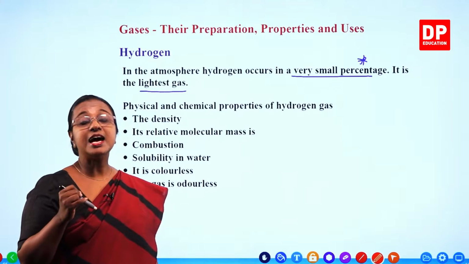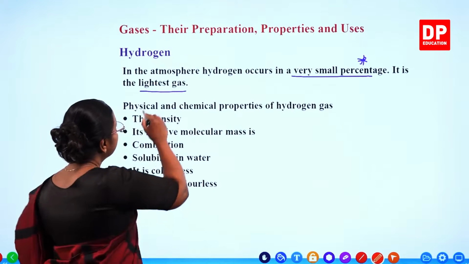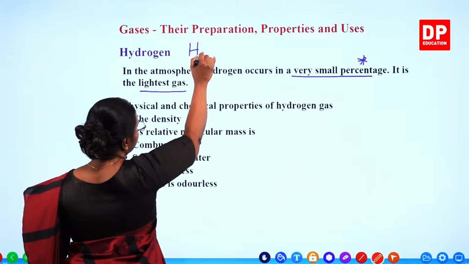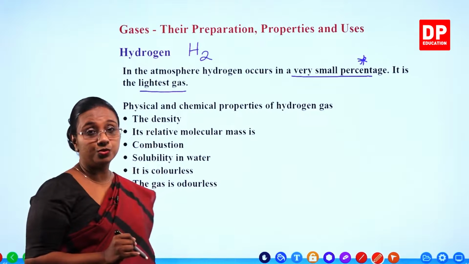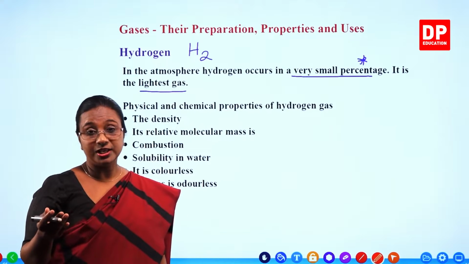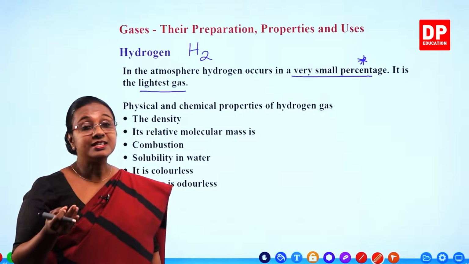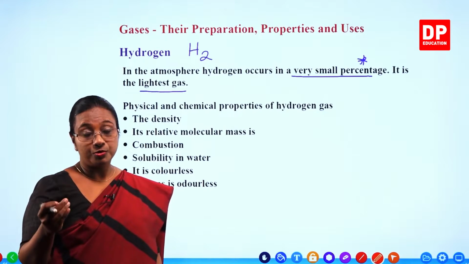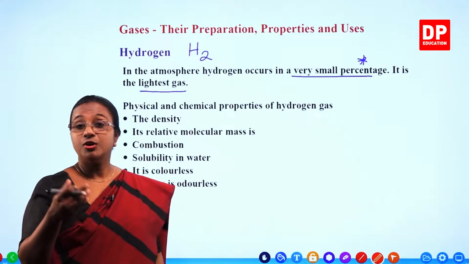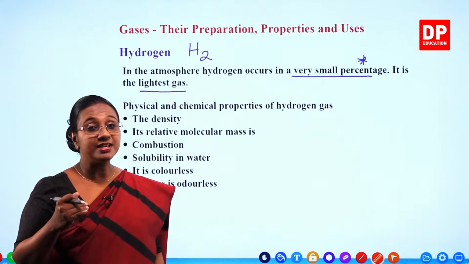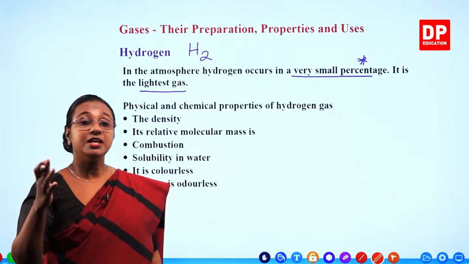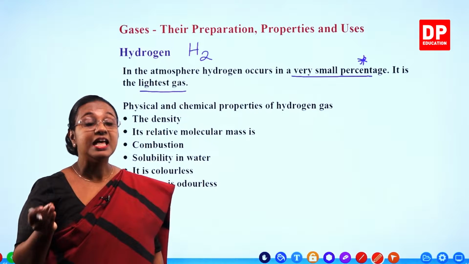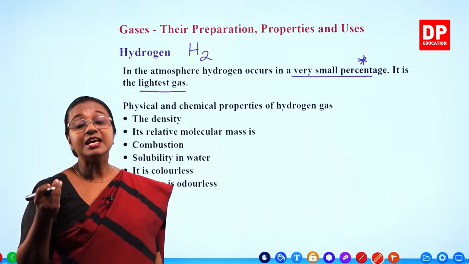Why do we say lightest gas? Now if we take hydrogen, if we write the chemical formula, it is H2. It is a diatomic molecule, and you all know hydrogen is the simplest atom that has only one proton and one electron. You are familiar with the isotopes of hydrogen, protium, deuterium, tritium, but still their mass is very less.